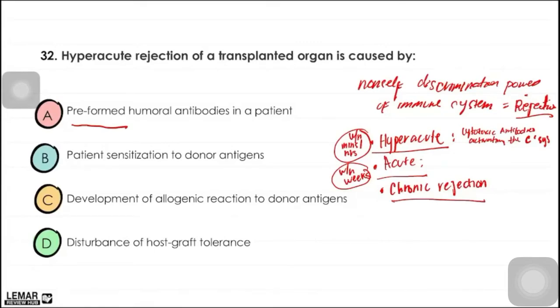Chronic rejection is caused by antibody and cell-mediated immunity occurring in allograft transplantation.